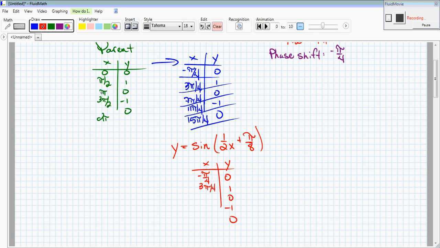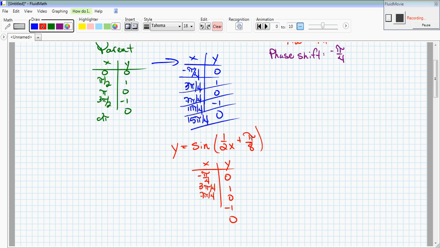We have pi, which is 8 pi over 8. Subtract pi over 8, giving us 7 pi over 8 times 2 is 14 pi over 8, or 7 pi over 4. Next we have 3 pi over 2, which is 12 pi over 8. We subtract, gives us 11.